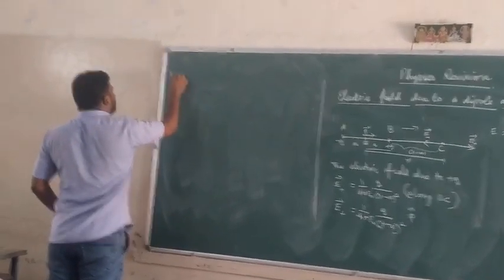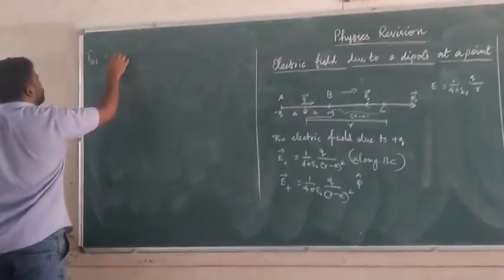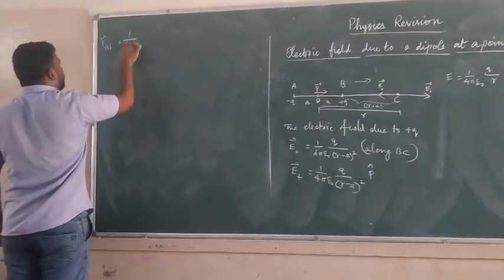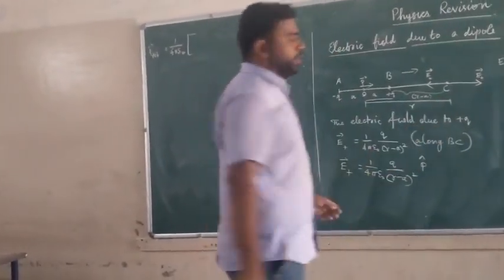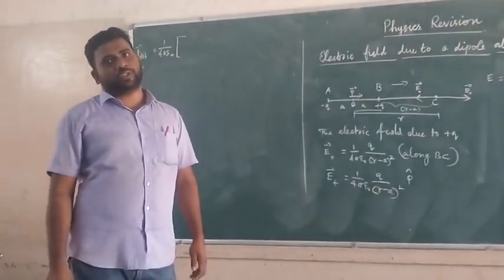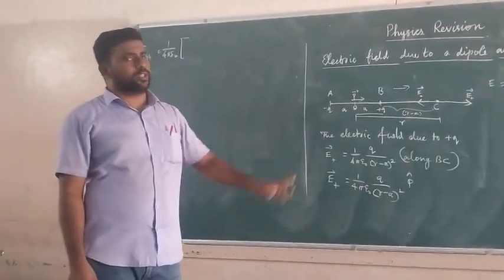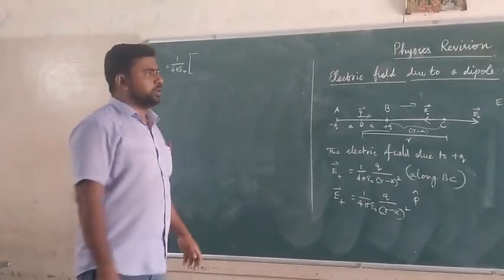P total, that is 1 by 4 pi epsilon naught. Now we know the formula (A plus B) the whole square. We have to apply this formula in this equation.